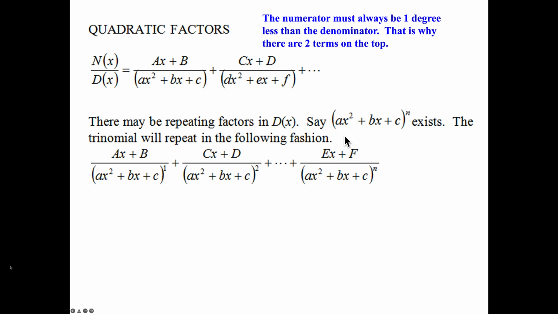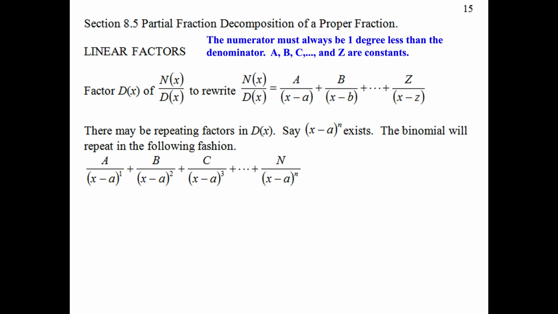And again, as we said earlier, if a quadratic is going to choose to repeat, then that trinomial is written to the first power, the quadratic factor is written to the second, all the way up to whatever we need. And each numerator is a linear binomial in the top. All right. So one thing I like to say is the following. Notice the pattern.